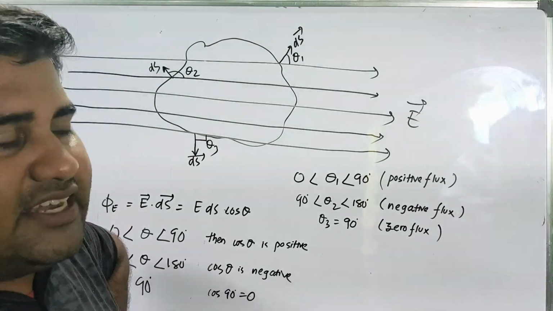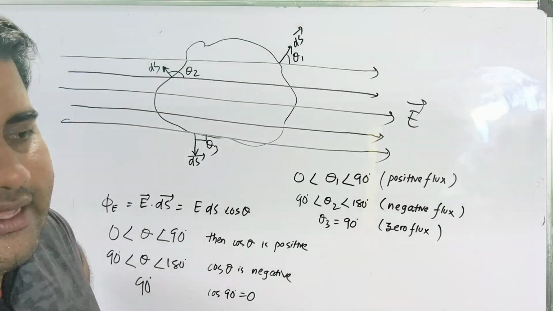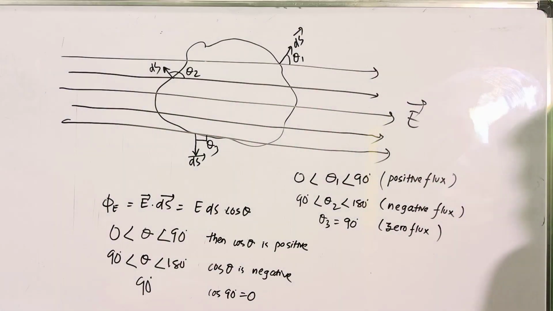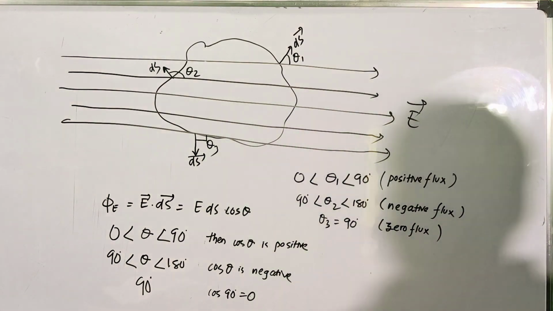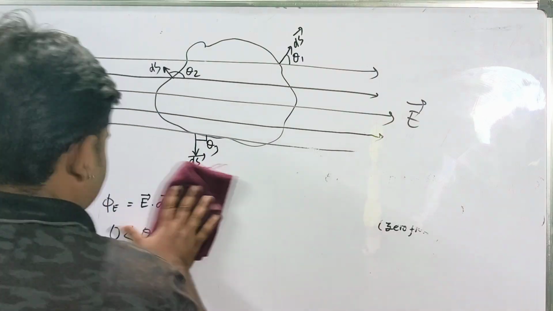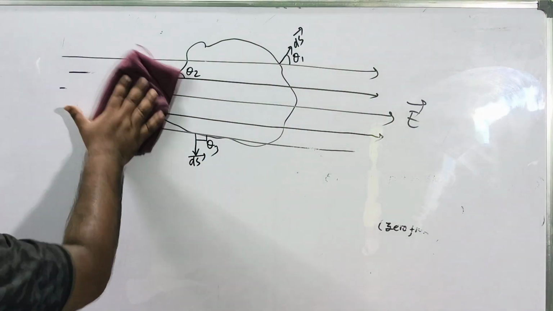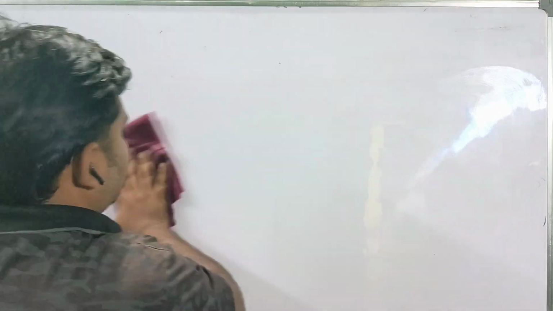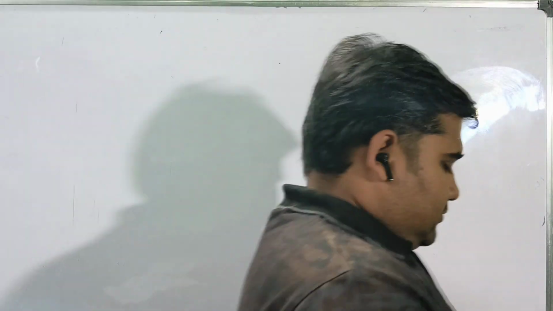And what is its significance? We will understand that in the later chapters, or in the later classes. Why positive, why negative, and why zero? Let me give you just a crude concept.